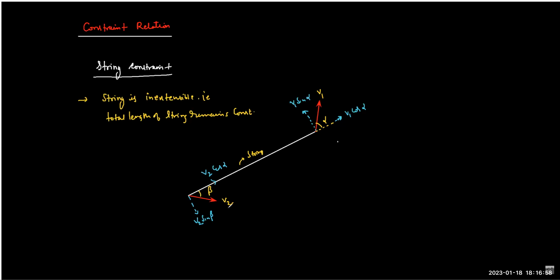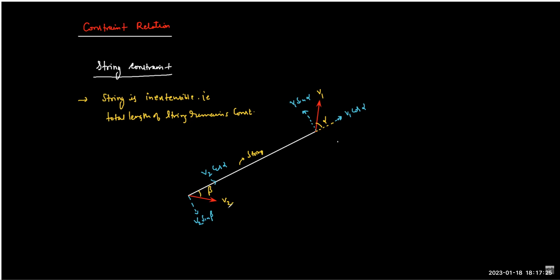So it is not going to do anything. So we should not be worried about the component which is not parallel to the string. The velocity component which is perpendicular to the string should not be taken care of. What we should only care about is the component which is parallel to the string itself, or along the string.